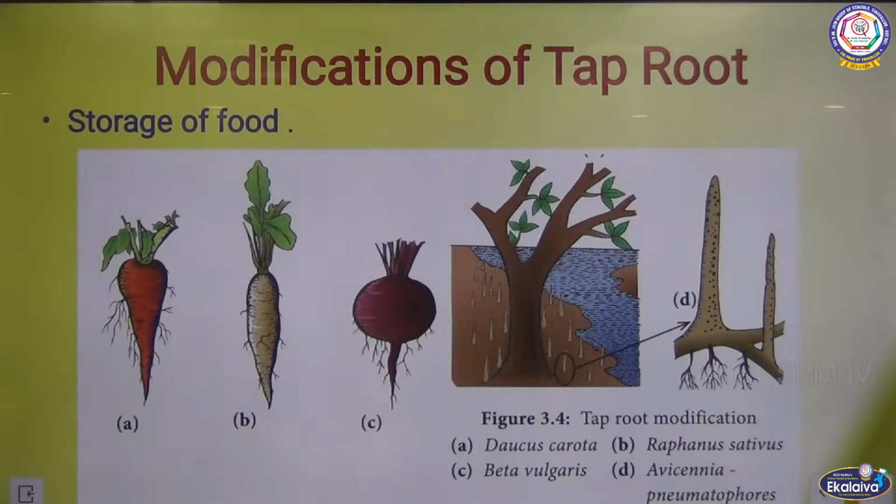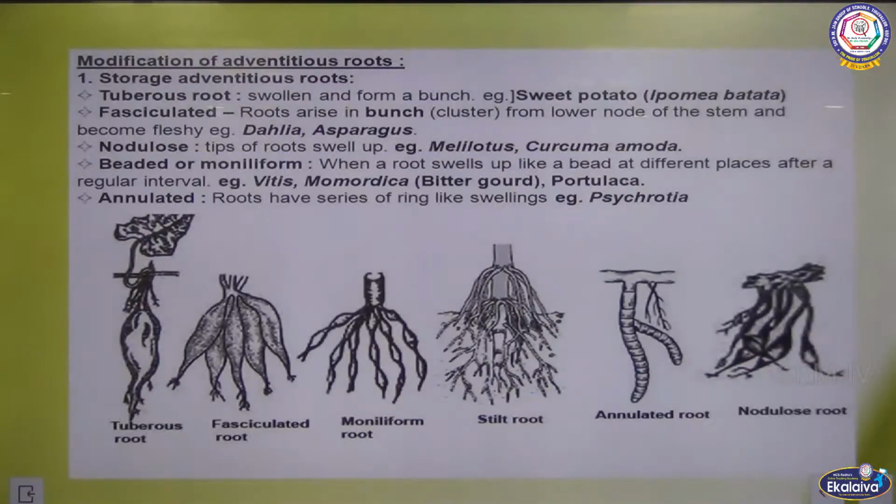Okay? So, these roots are called pneumatophores, and the small pores through which they respire, because of salinity, you call them pneumatothores.